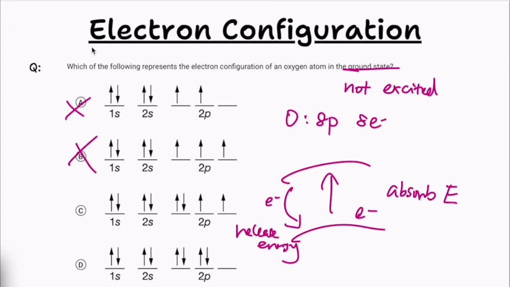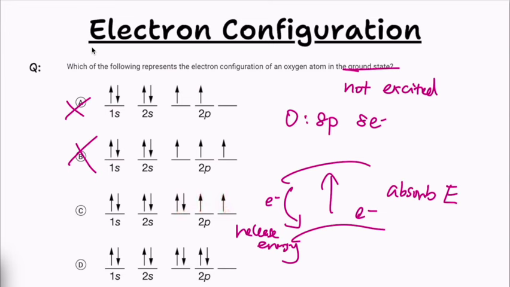In C and D, both have 8 electrons. The thing is, in C, it has 1, 2, 3 up, and then down.